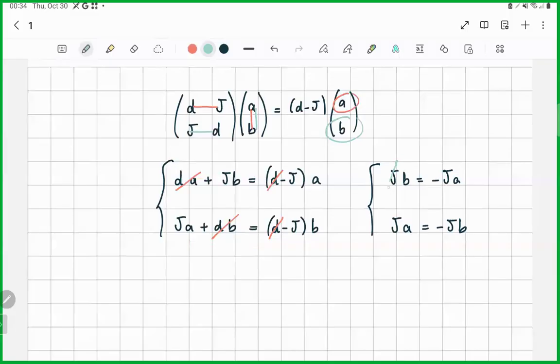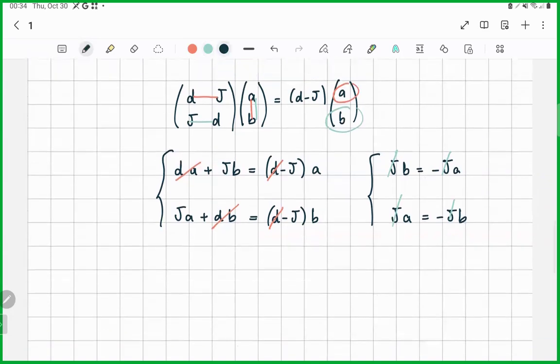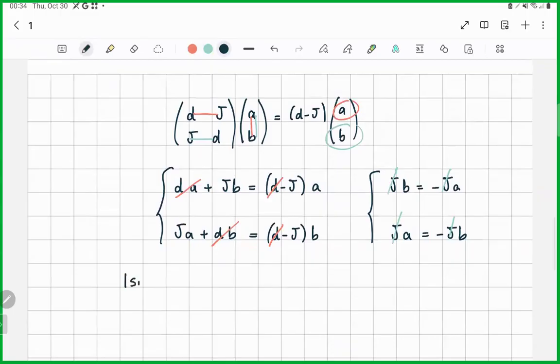So J can also cancel. So you see that what we find is whatever this vector is, what we know is that B is equal to minus A. Okay? Well, we reached this point. Very good.